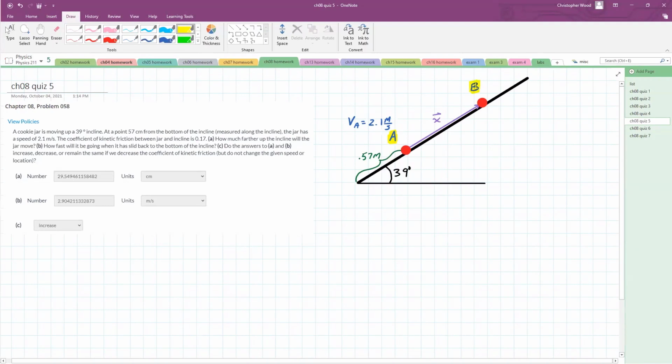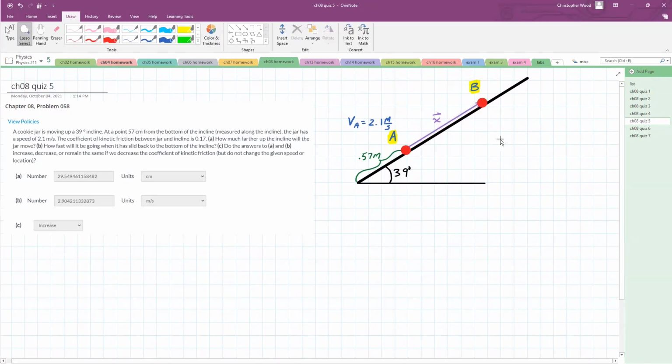And if you're not sure, just label a bunch of them. Maybe you end up not using some of them, but better too many than not enough. All right, so let me just fix this a tad bit. Perfect. All right, good enough.